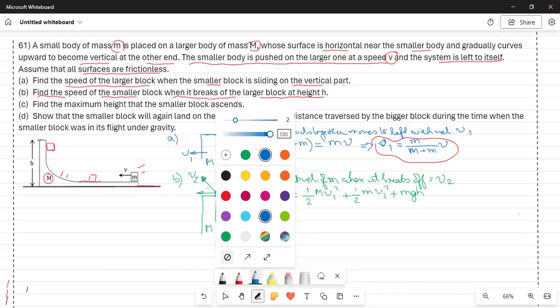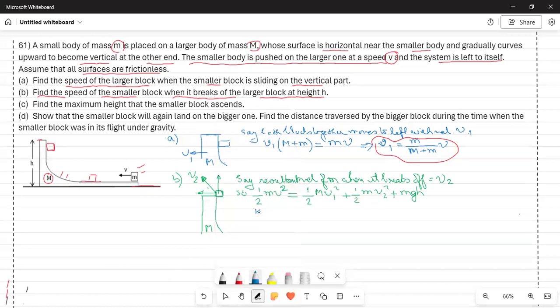What are they actually? The first is the kinetic energy of the smaller block from where it all started, equal to the kinetic energy of the larger block, plus the kinetic energy of the smaller block when it breaks off, plus the potential energy of the smaller block.